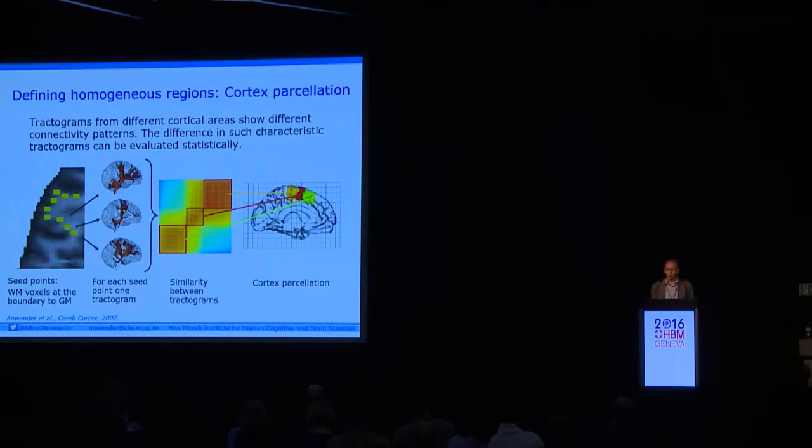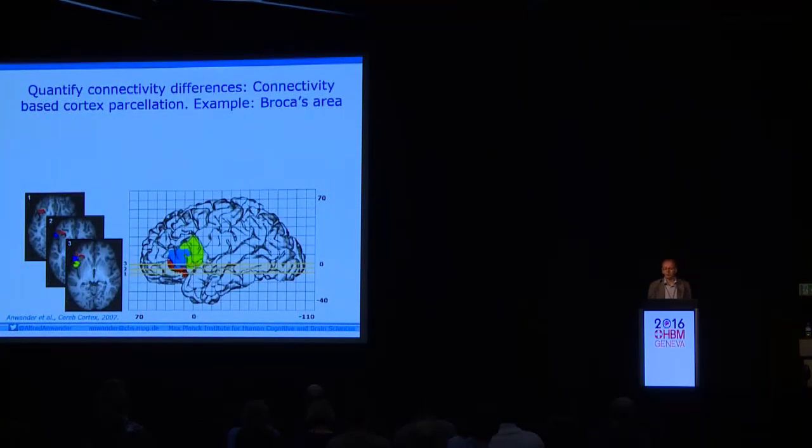This was just to prove it, but one of our focuses in our institute is language areas, so we wanted to see if we find the cytoarchitectonic boundaries which we have in the inferior frontal gyrus also in this diffusion tractography. So we took a region in the inferior frontal gyrus and did the same procedure with a k-means clustering in 3 areas, and we got the green area, the blue and the red area.